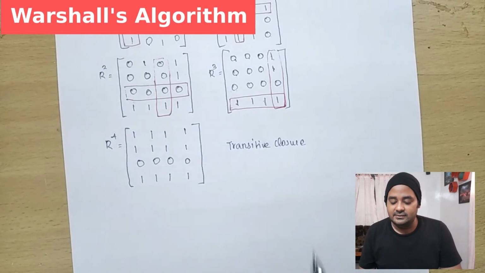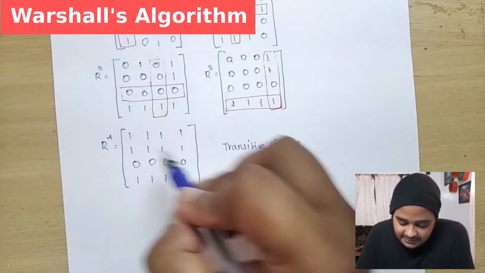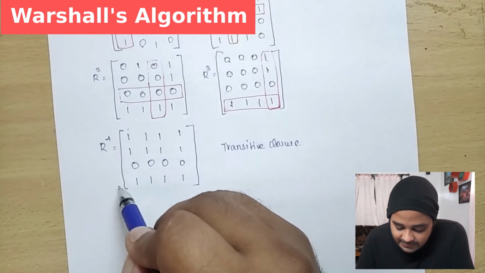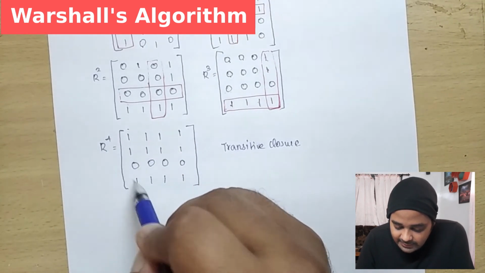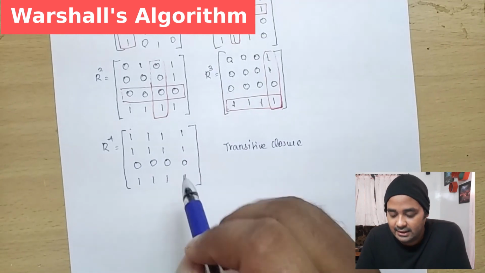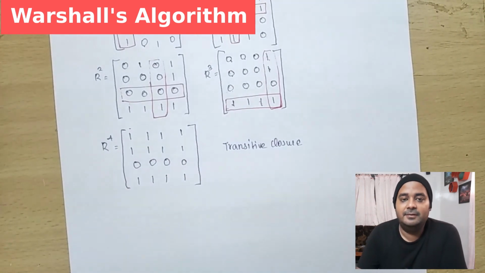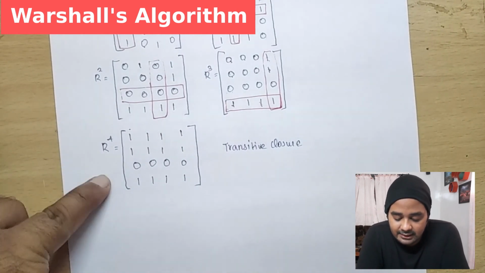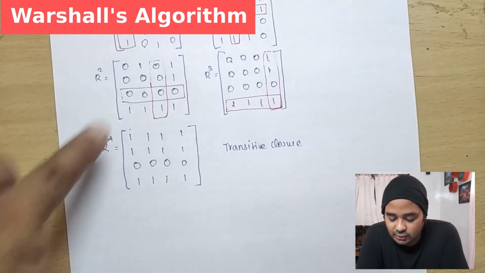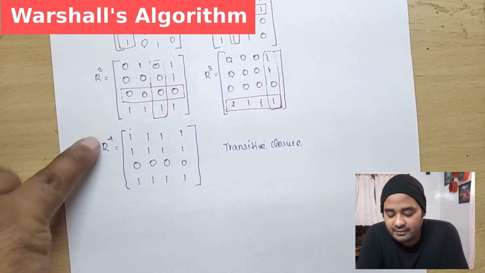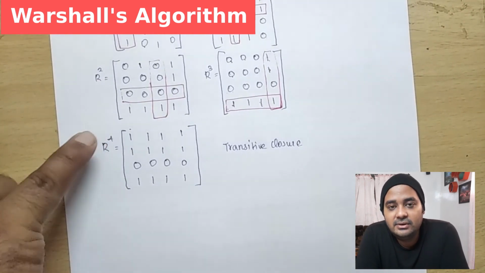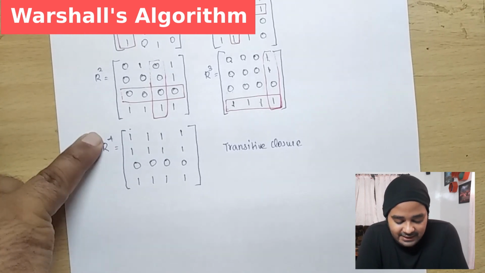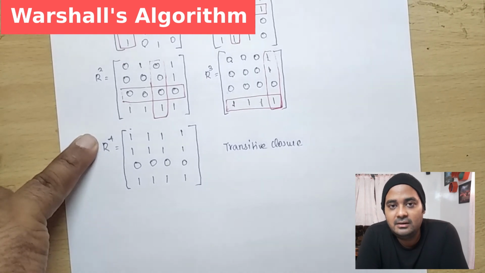Which means, for example, whether there exists a path from A to A, yes, there exists a path from A to A. Whether there exists a path from A to D, yes, there exists a path from A to D. Likewise, if there exists a path from your node to the other nodes, you will be obtaining it while passing through R power 4, or R power n number of passes. Here your n turns out to be the number of nodes inside the given graph. Okay, so this is how you solve Warshall's algorithm.